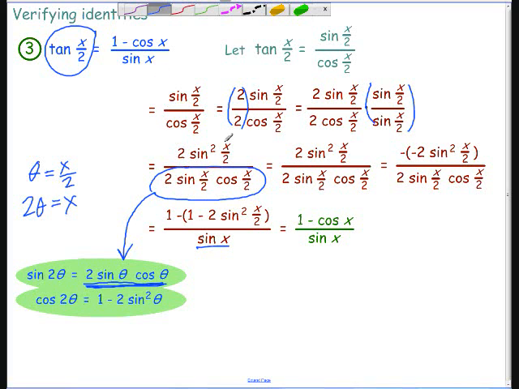Meanwhile, what can I do with the top? The numerator. I want to get to this expression here, so I can use this perhaps. Now let's think about how I could get there. If I want to have it look like this, 1 minus cosine x, then I would have to factor out a negative from each side, right?